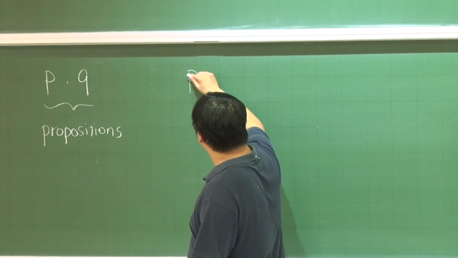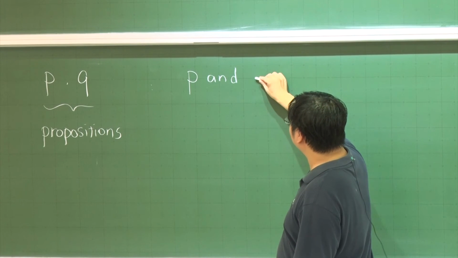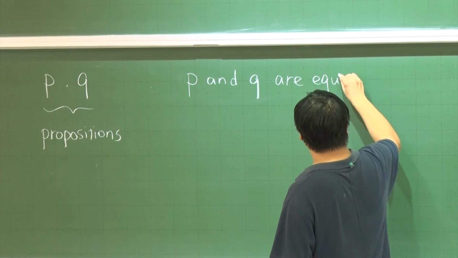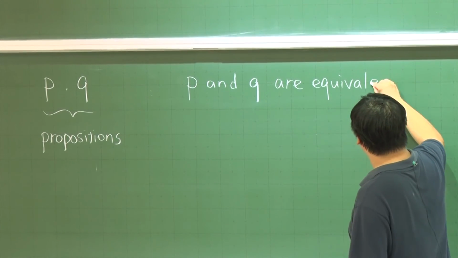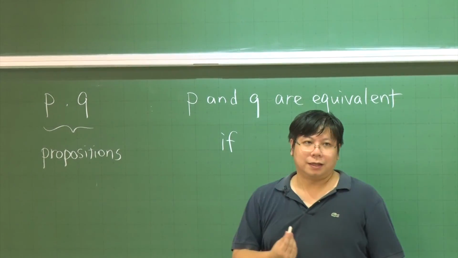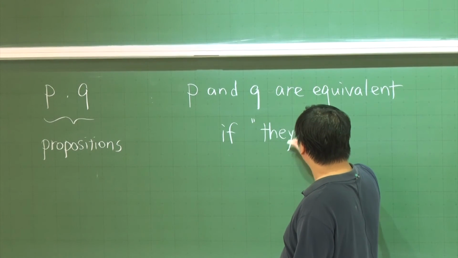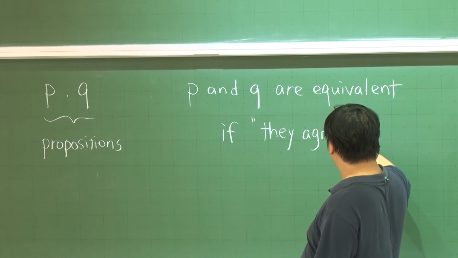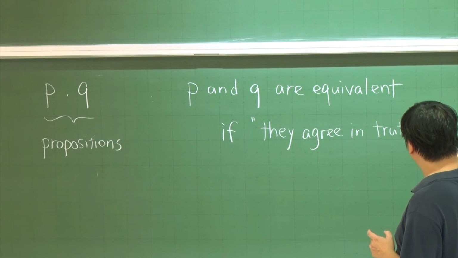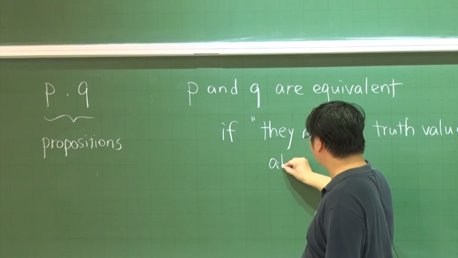We say P and Q, this is not the logical and, this is the English and, these two are equivalent if they agree in the truth value all the time, always.